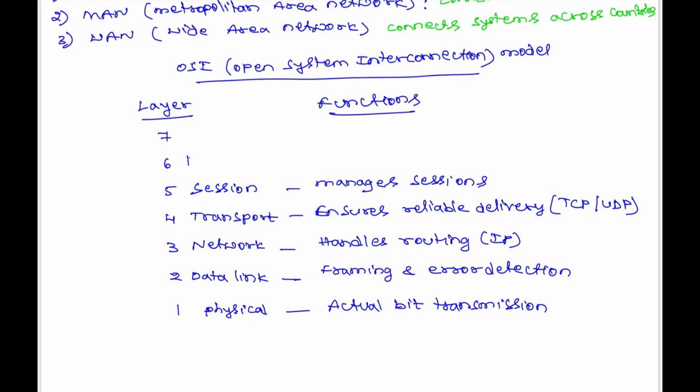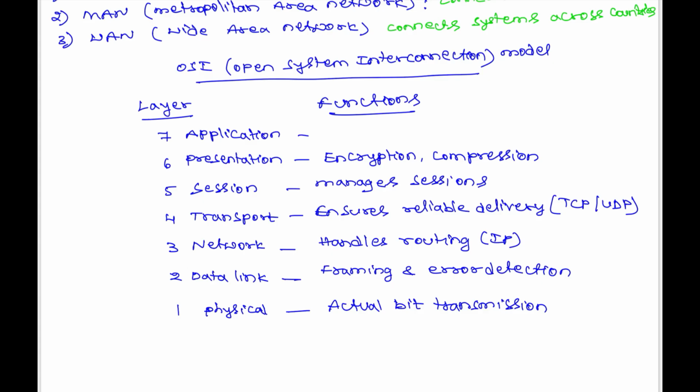And the sixth layer is called the presentation layer. In this, encryption and compression take place. And the last, seventh layer is called the application layer.